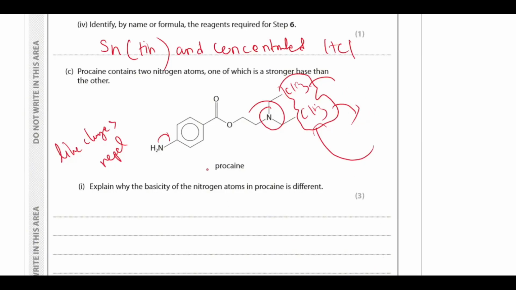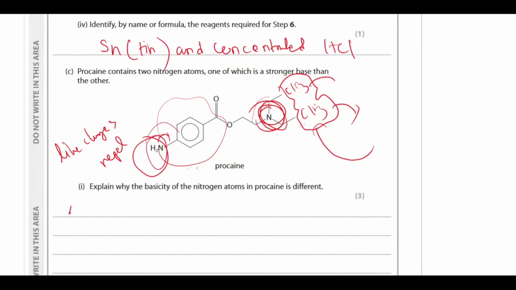So that's why we can clearly explain the difference in the basicity between this part and this part. So of course the basicity of the alkyl nitrogen down here will be greater than the basicity of the benzene amine, or the nitrogen here.